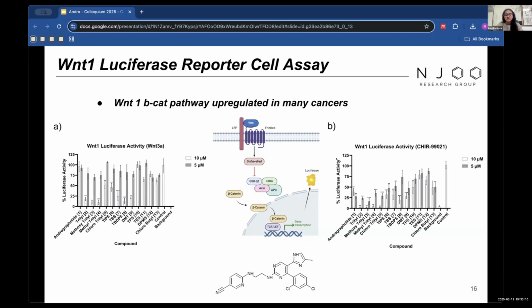And so in order to assess whether the activity of our analogs was altered by the direct inhibition of GSK3 beta, we co-dosed these reporter cells with 10 micromolar CHIR, which is a selective GSK3 beta kinase inhibitor, to activate luciferase expression.